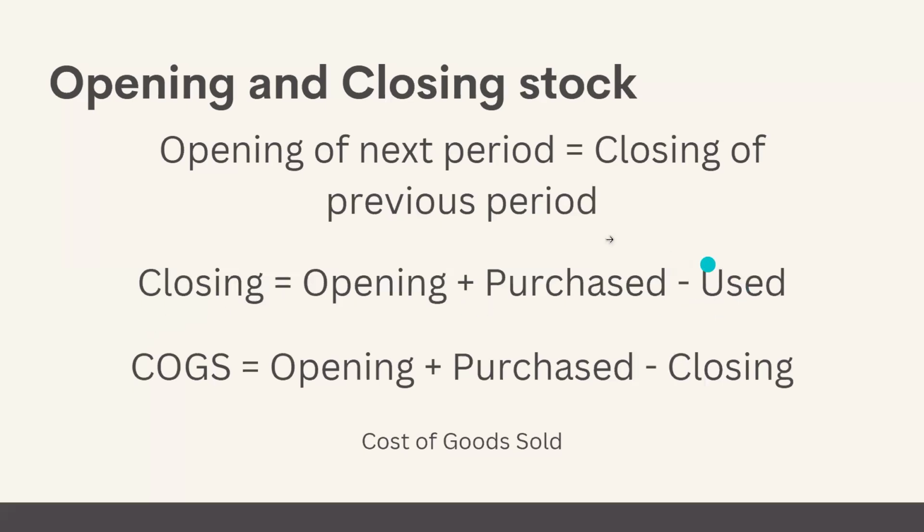So when we flip the sides of this equation, moving the used inventory to the other side, we will have a formula: the cost of goods sold equals opening stock plus purchase stock minus closing stock. This could be a question that you may see in the exam. Or they may ask you to calculate the closing stock from the numbers in that question. I have an example here, but we may have examples for other questions.